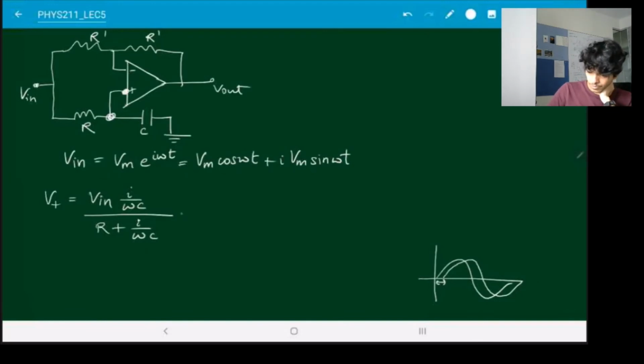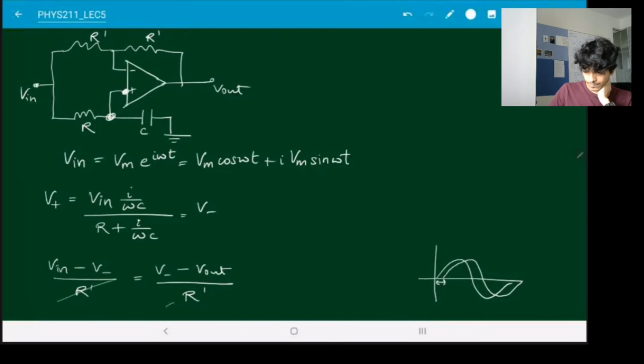So this is also going to be equal to V minus, the same one. Now again, with the upper part of the circuit, you do the same thing as we did before. You compare the currents. So you will get something like V in minus V minus divided by R prime is equal to V minus minus V out divided by R prime.